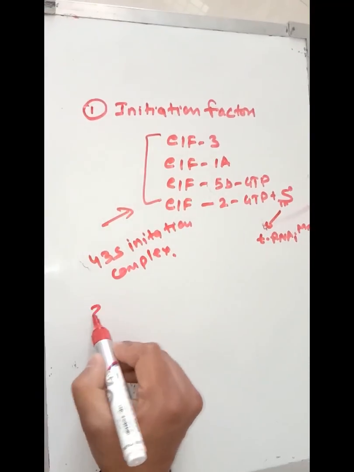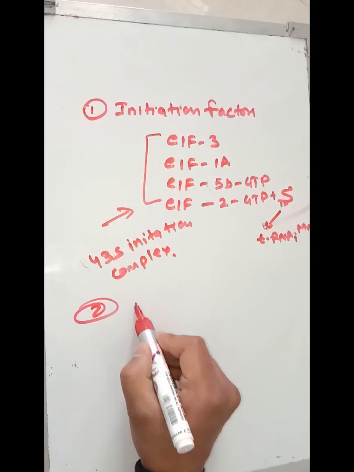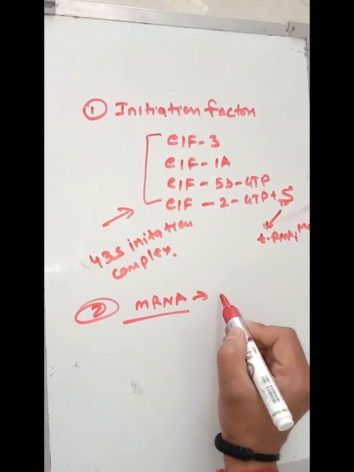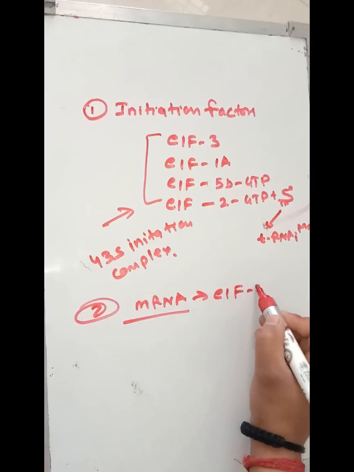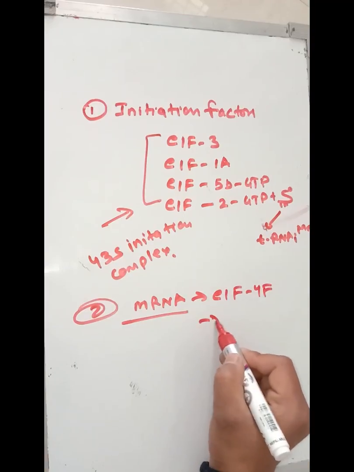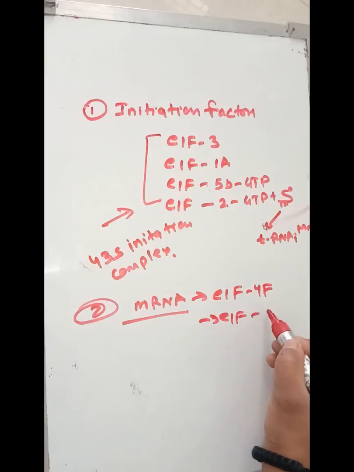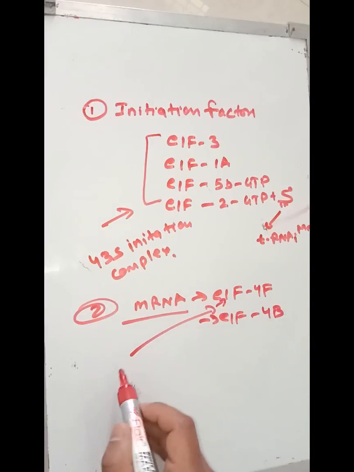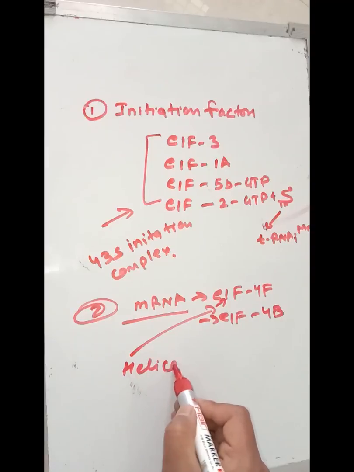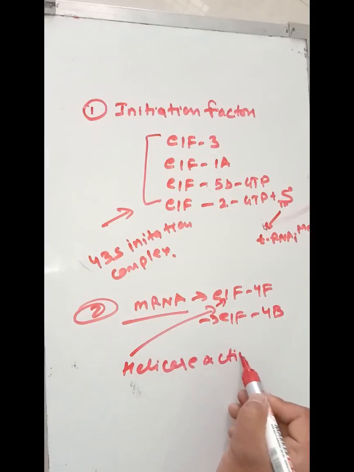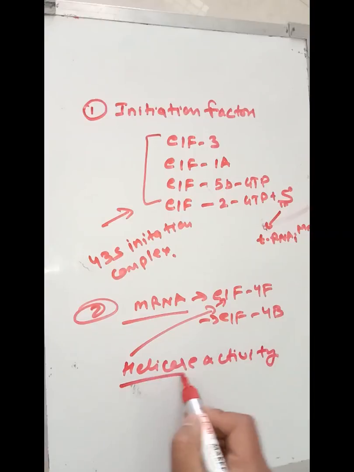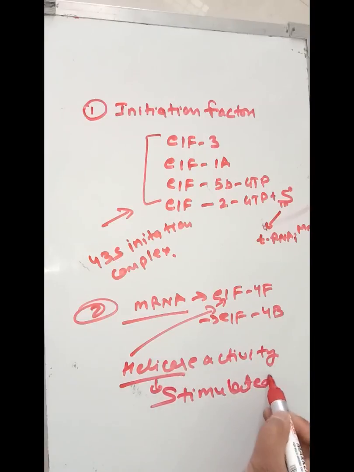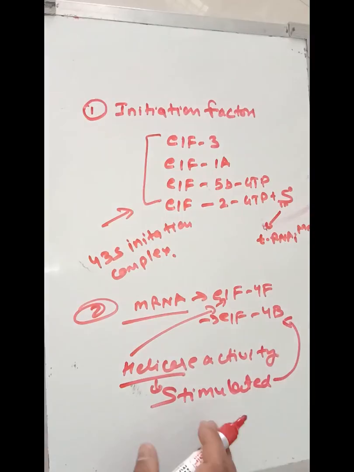Then the second thing, mRNA joined with the initiation factors EIF4F, EIF4B. This EIF4F has helicase activity, stimulated by EIF4B.